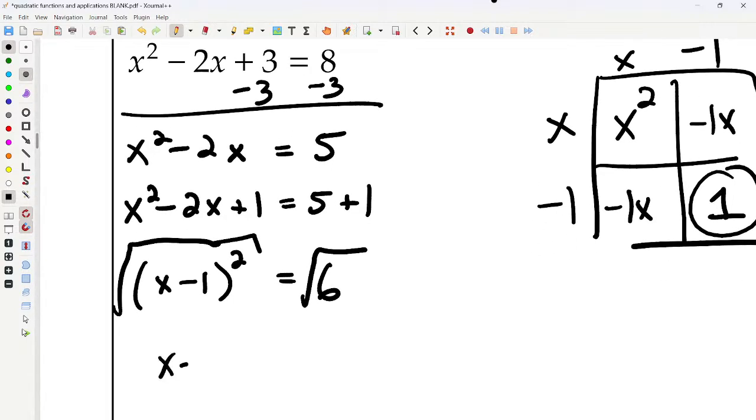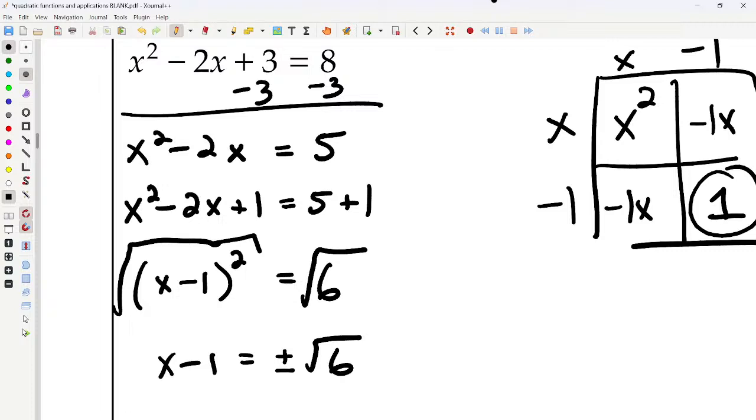And we have x minus 1 equals plus and minus root 6. 6 is not a perfect square. 2 times 2, 4 is a perfect square. 3 times 3, 9 is a perfect square. So we went from 4 to 9, and we missed 6.